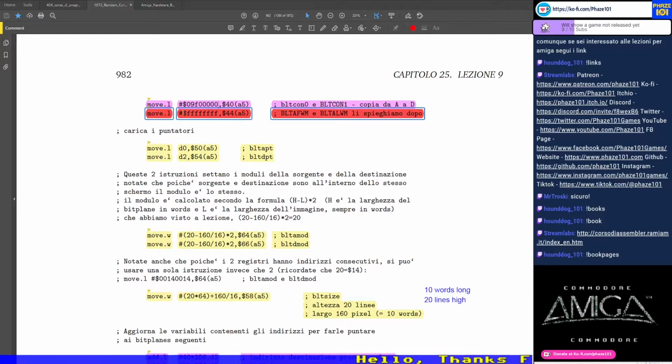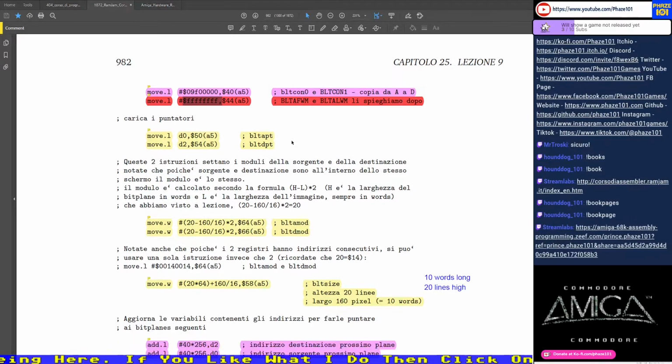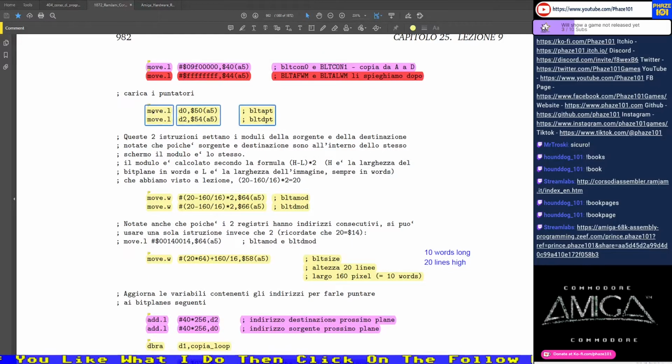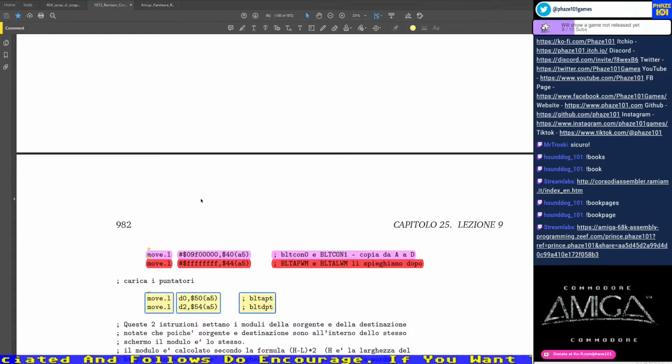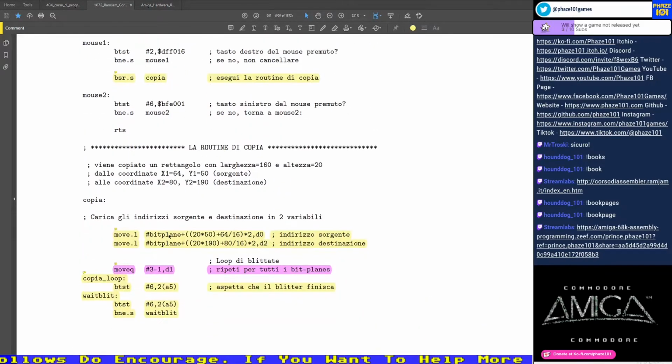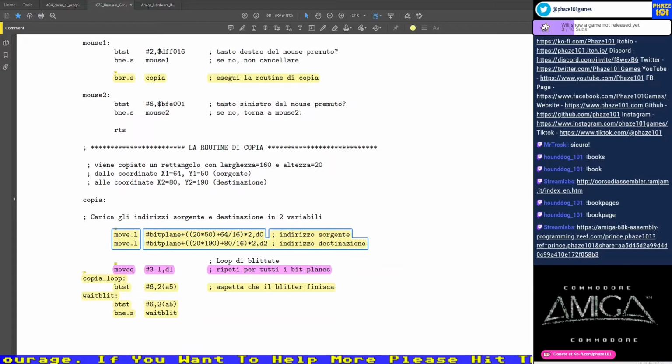We are setting the masks of channel A all to F, which will be explained later. Here we are setting the source and destination pointers for our Blitter to know from where we're copying to this destination address. And remember, D0 and D2 are the first thing that we calculated here.